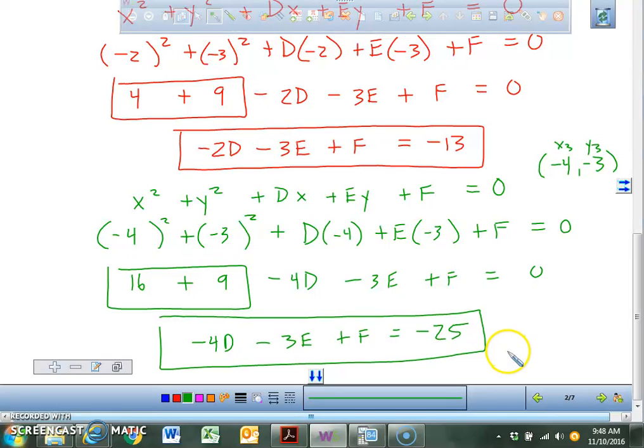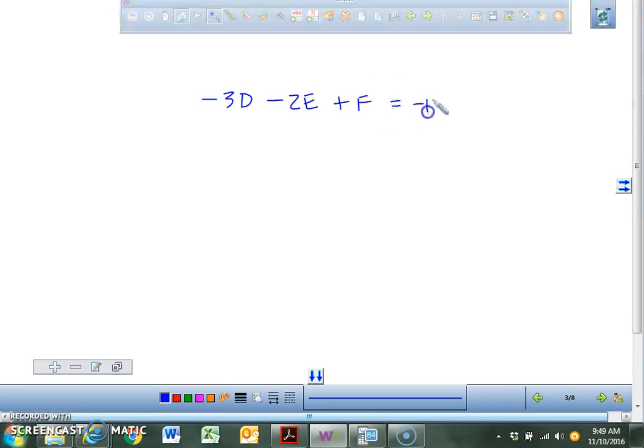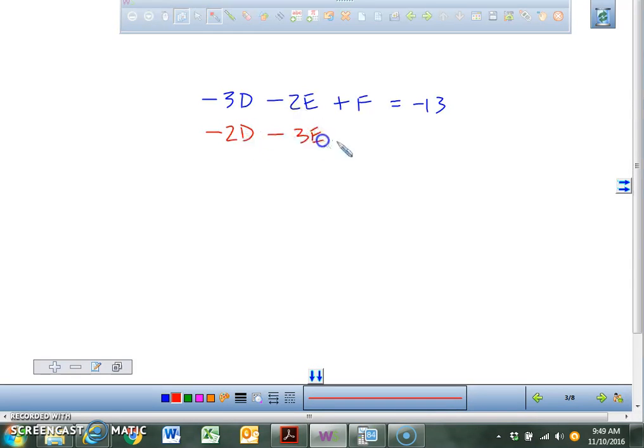Now, what we're going to do is we're going to line all of those equations directly on top of each other. So Audrey, do you have all those written down? Okay, here we go. What's the blue equation, Audrey? -3D minus 2E plus F equals -13. Good. All right, and red equation. -2D minus 3E plus F equals -13.